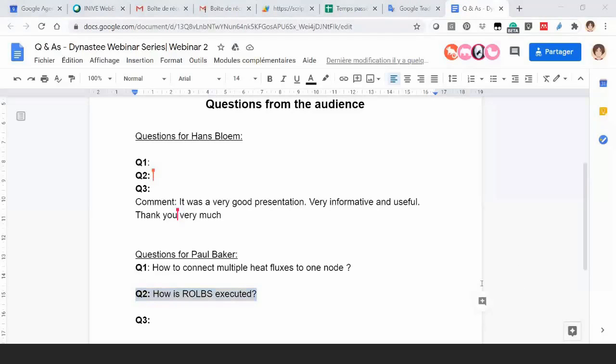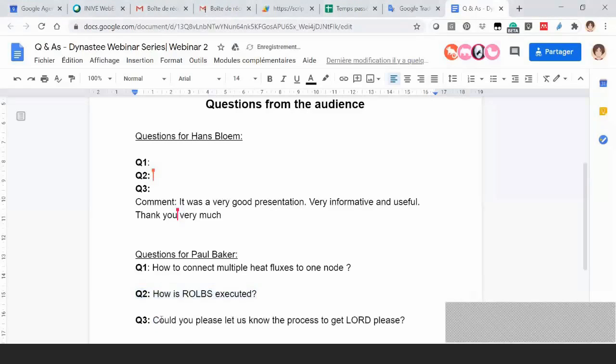Okay, we have another question that has come here. Can you please let us know the process to get LORD, please? I think it will be available on the website for the DYNASTEE. No. The request can be made to us, to myself, or to Maria Jose Jimenez, and we will send it, because we would like to keep track of who is receiving the software.